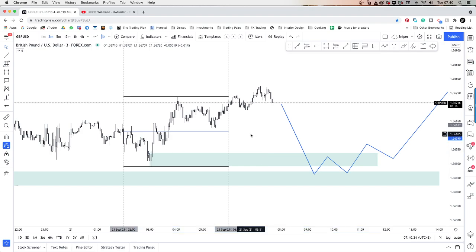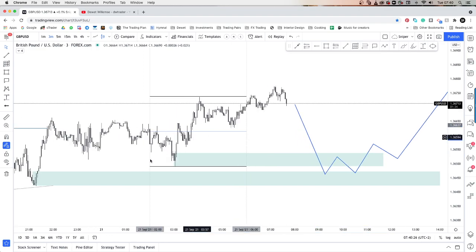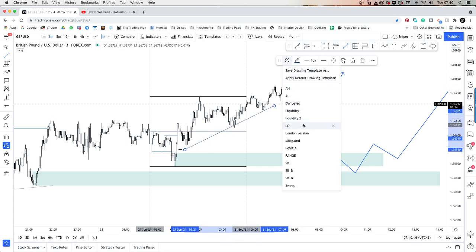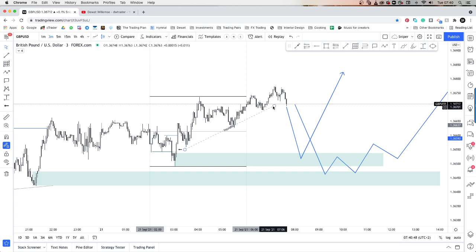But this is also an area for buyers because, again, the same pattern. We had the liquidity sweep, structure break, and then we still have the imbalance left there. So we can still see price just tap into this area and then go higher and fill out all of the liquidity, trend line liquidity that we see over there.